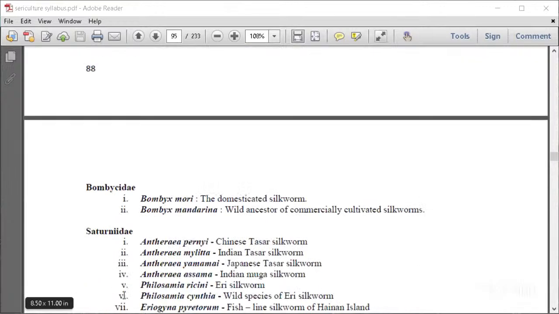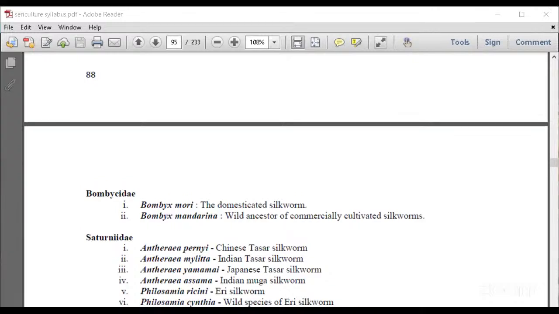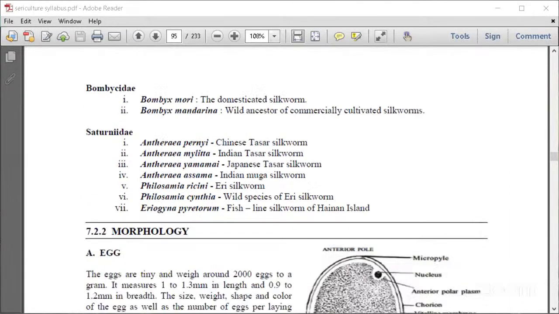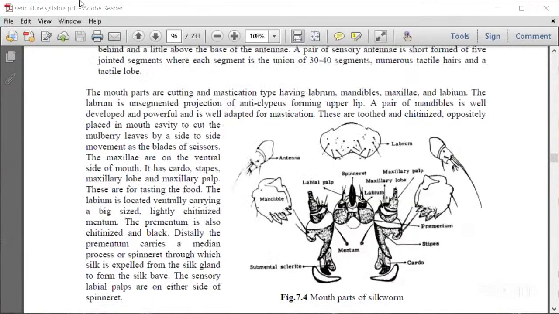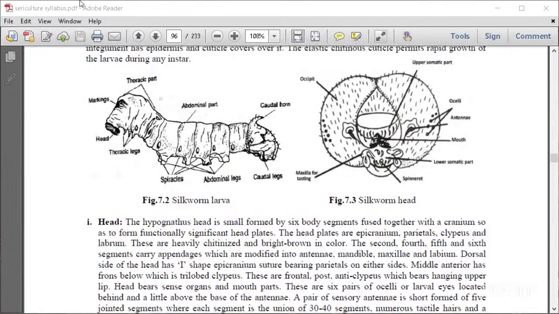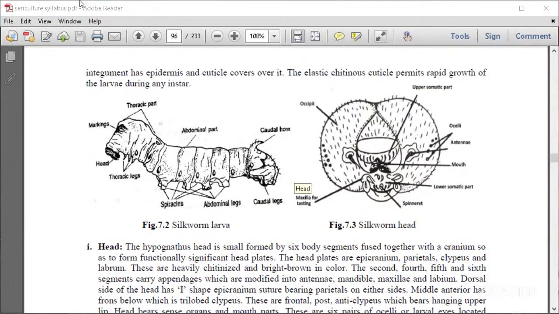Since the silkworm grows so much, it must shed its skin four times while growing. These stages are called instars, and silkworms only eat fresh mulberry leaves.